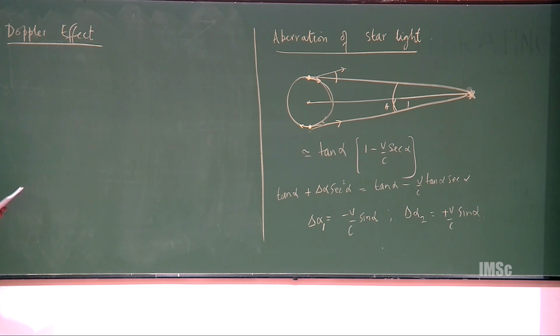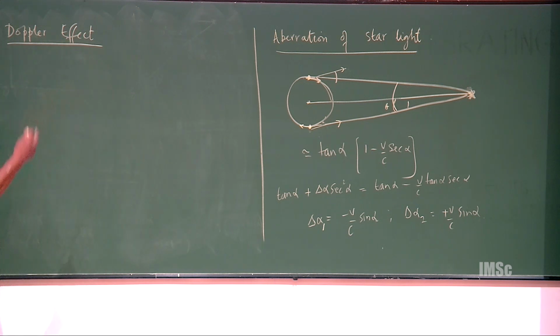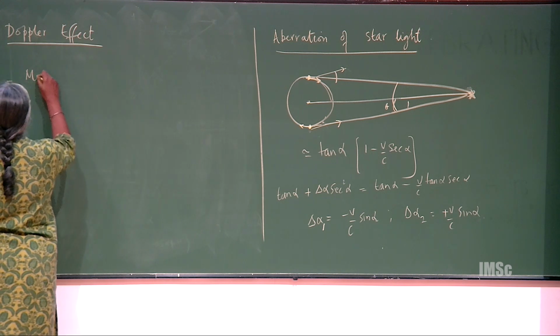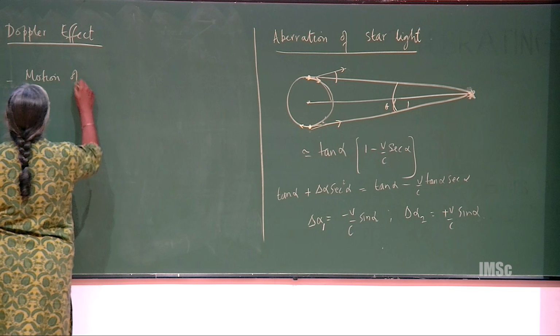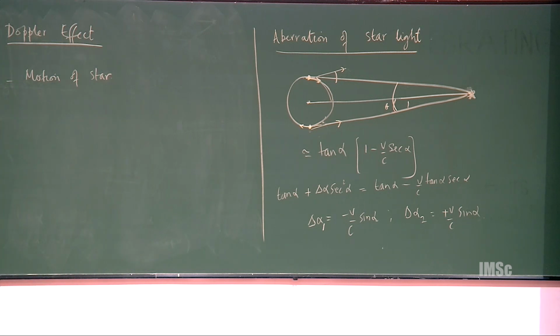Okay, so where are we now? Maybe I should have just left the diagram, but let us write it. So now the motion of the star itself, or any source of light or sound or whatever, is going to tell you that there is going to be a difference, right?